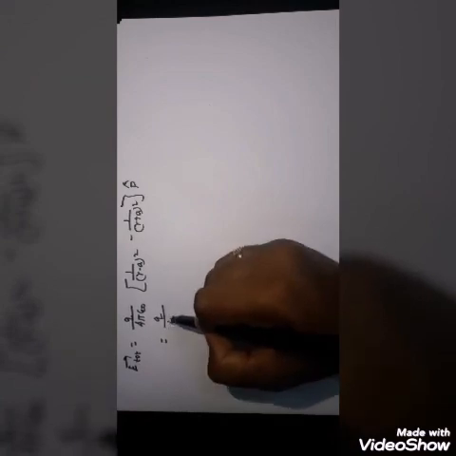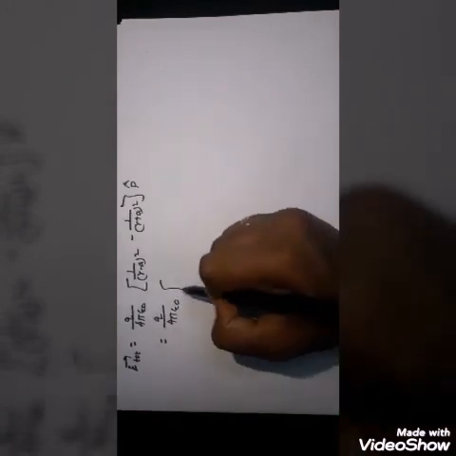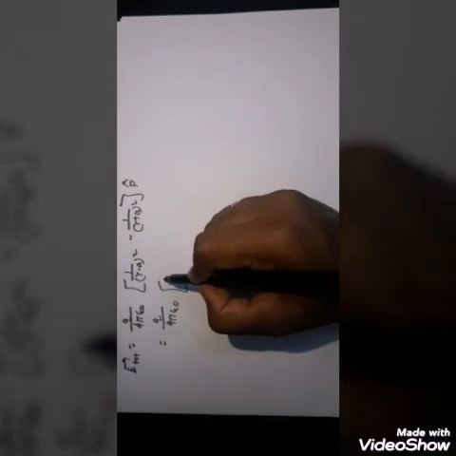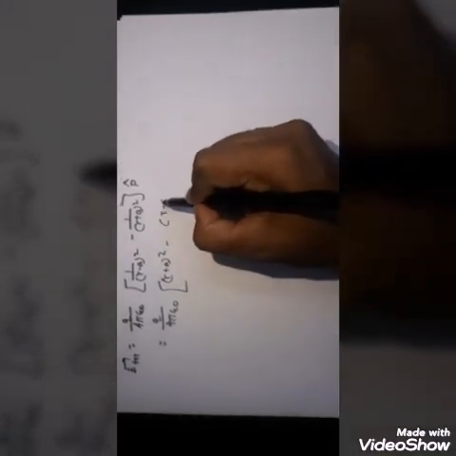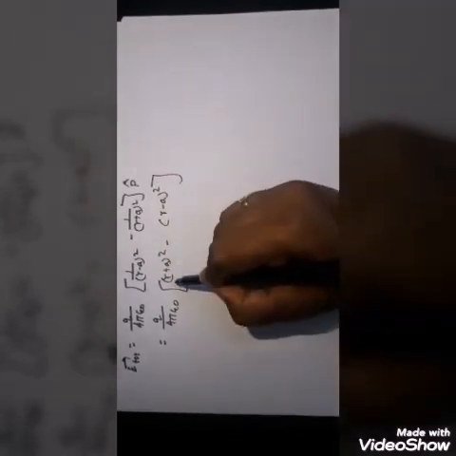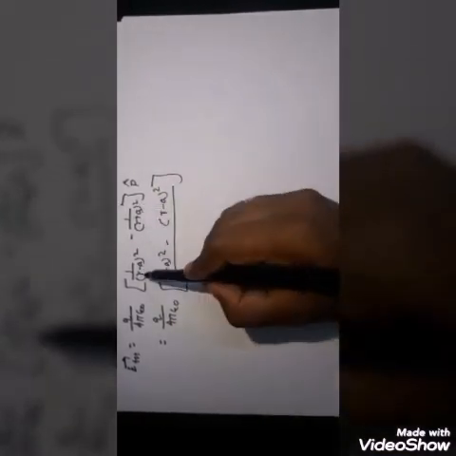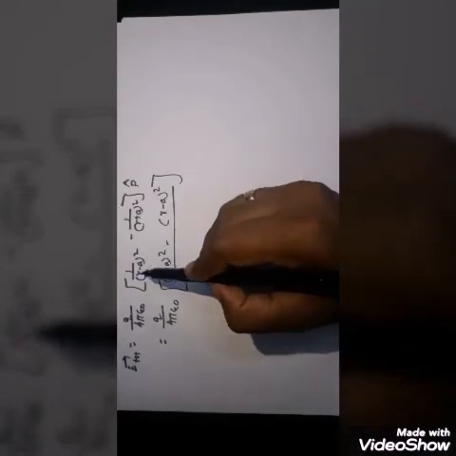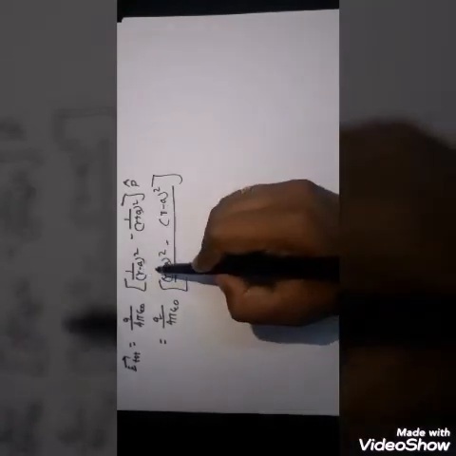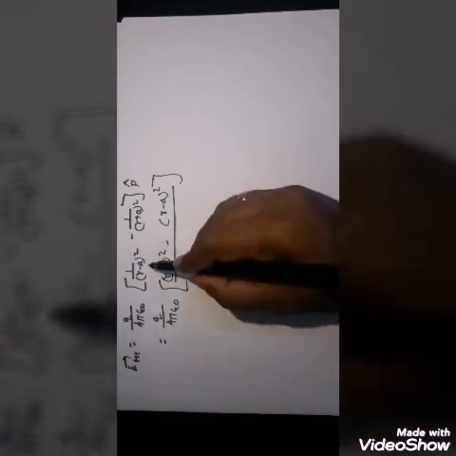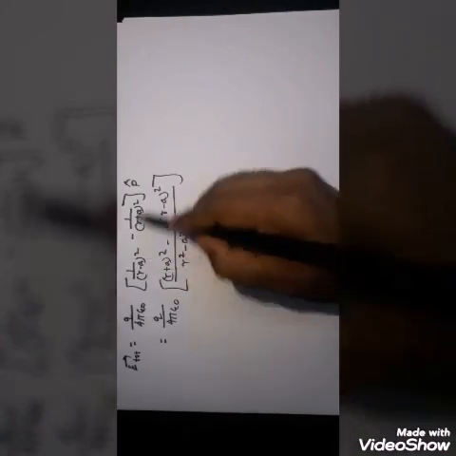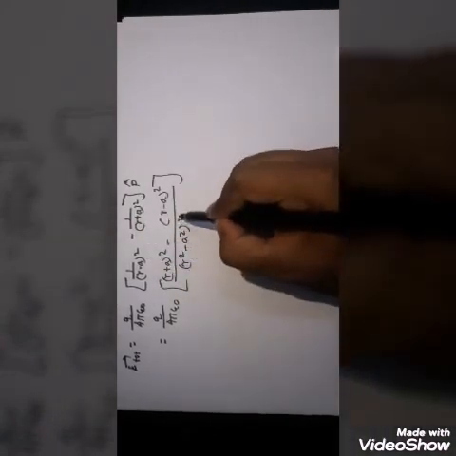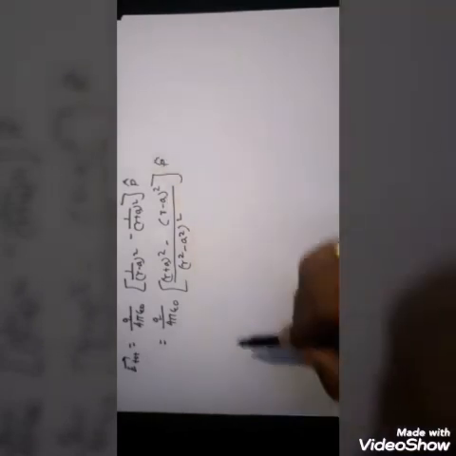Now we simplify q by 4 pi epsilon naught. We cross multiply: (r plus a) the whole square minus (r minus a) the whole square, divided by (r plus a)(r minus a), which looks like a plus b, a minus b, so we write r square minus a square, the whole square, p cap.